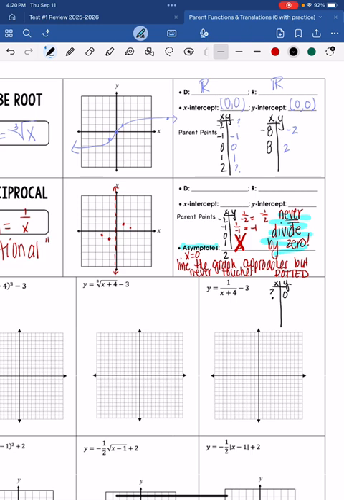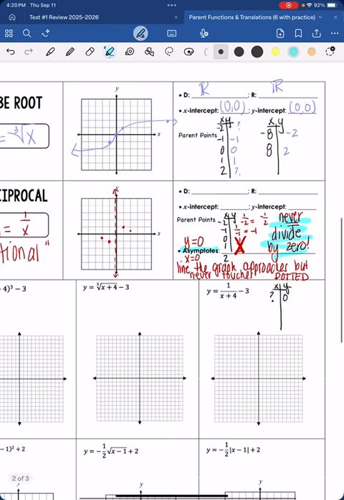If I plug in a fraction, if I plug in a decimal, if I plug in positive numbers, I don't know. And the answer is there isn't a number. There is no value that you can plug in for x that's going to make y 0. So there is another asymptote, and this asymptote is also at y equals 0. So there are two asymptotes, x equals 0 and y equals 0.